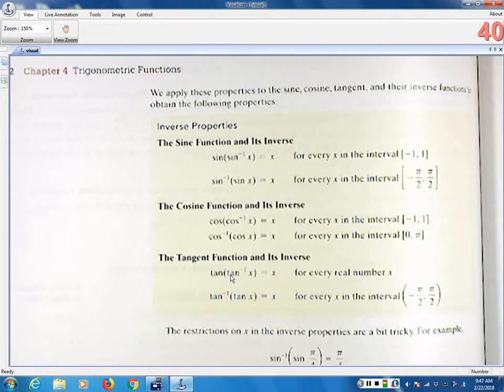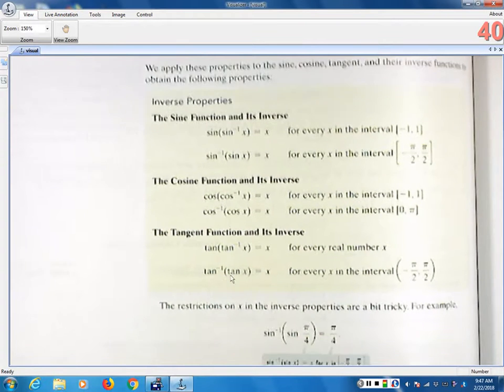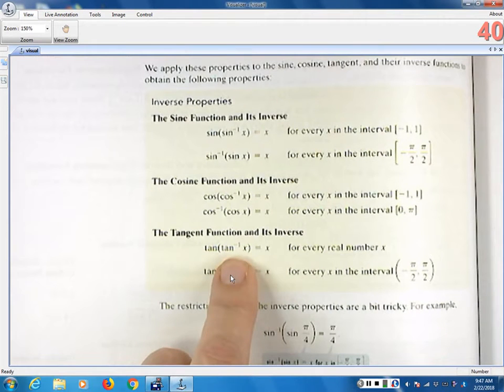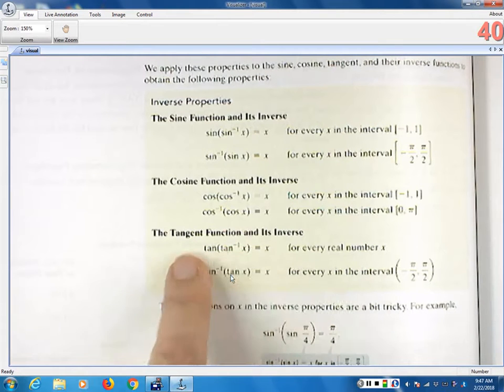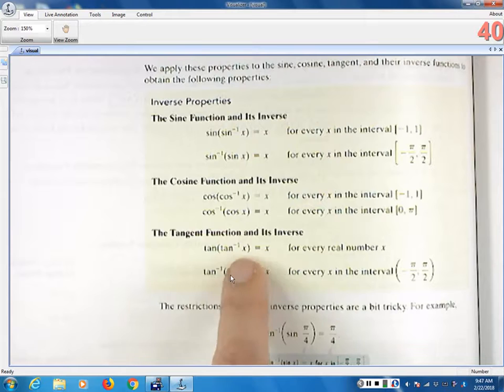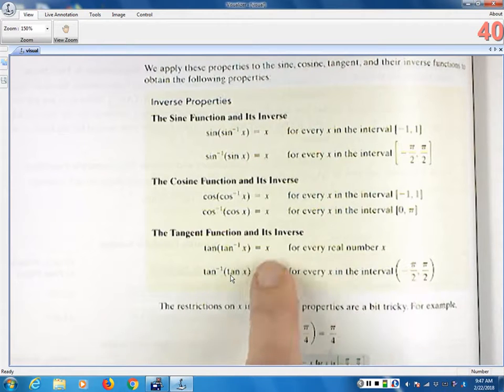So here it is. And the other thing that really blew my mind was that if you got inverse tangent on the inside and tangent on the outside, because inverse tangent has a domain of all real numbers, and I'll show you a picture, I drew it before class. And everything that comes out of there will work in tangent. You just get x for every real number x.